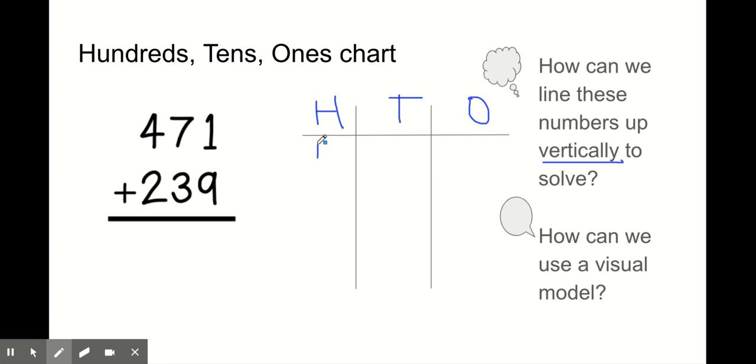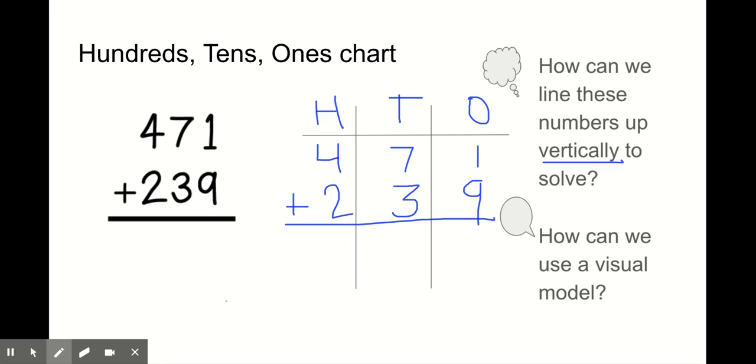I'm going to put 4 in the hundreds, 7 in the tens, and 1 in the ones. Then I'm going to do 2 in the hundreds, 3 in the tens, and 9 in the ones. Now I have set this problem up vertically.